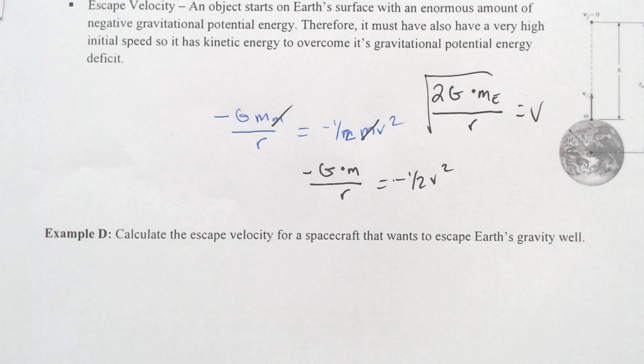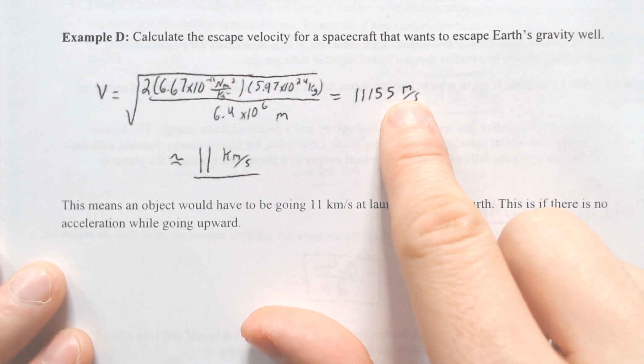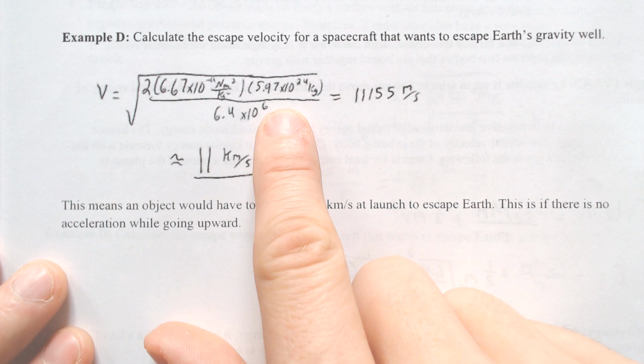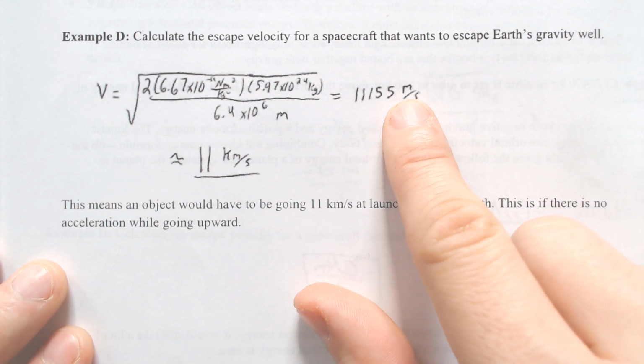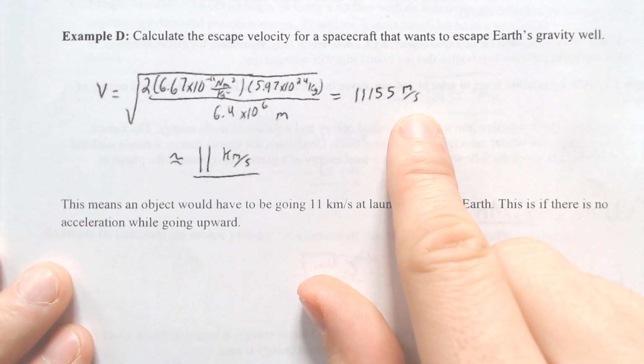I considered that kind of cool, and even cooler because you could plug in the numbers. You could do 2 times the gravitational constant times the mass of Earth divided by the radius of Earth, and then you would end up with the value for the escape velocity.